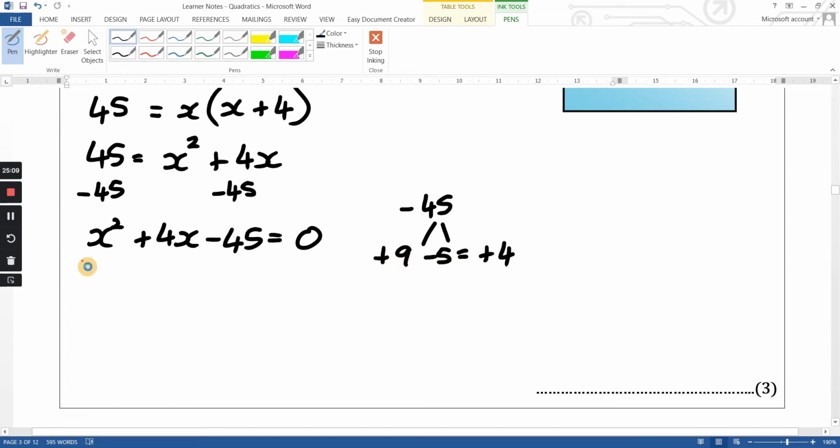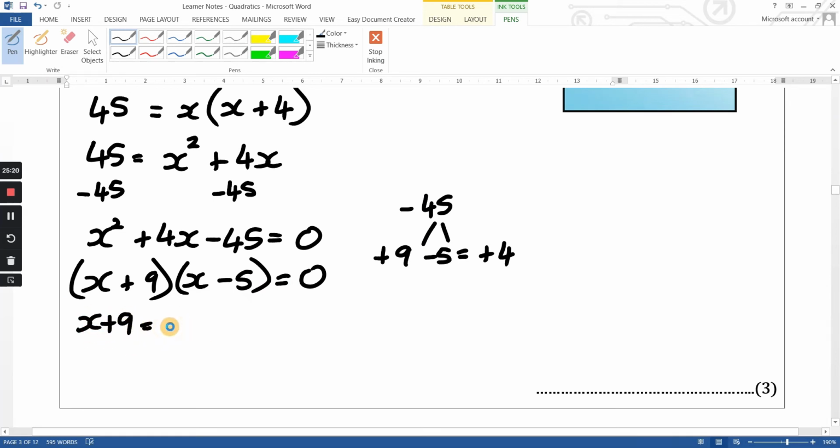That has to be negative. So it's going to be x plus 9, x minus 5 equal to 0. So either this equals 0 or this is equal to 0. Again, you're going to get 2 answers.